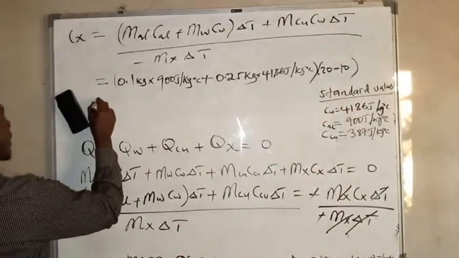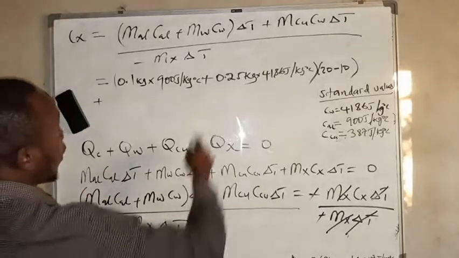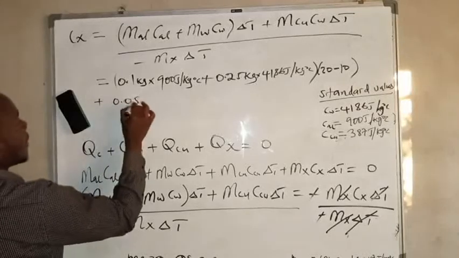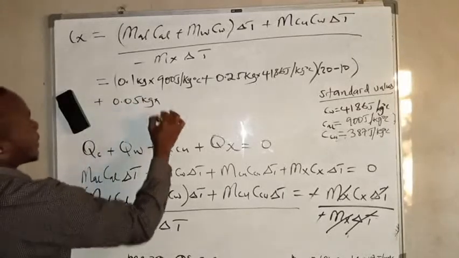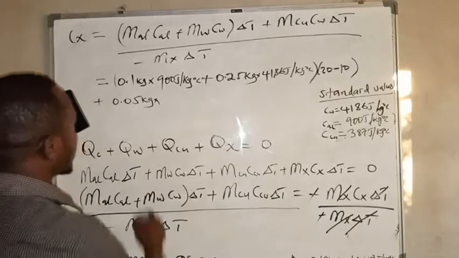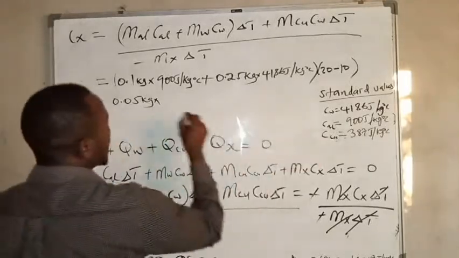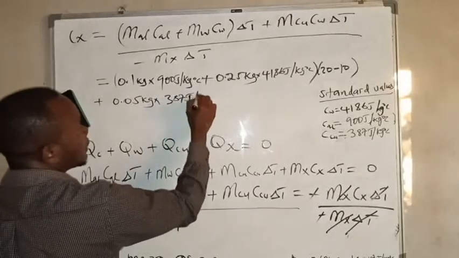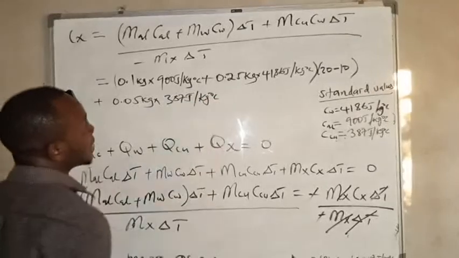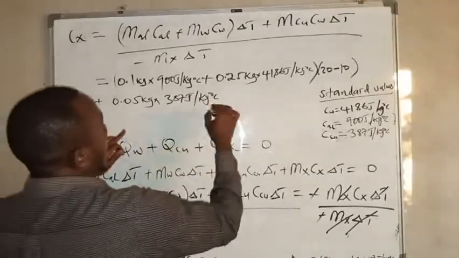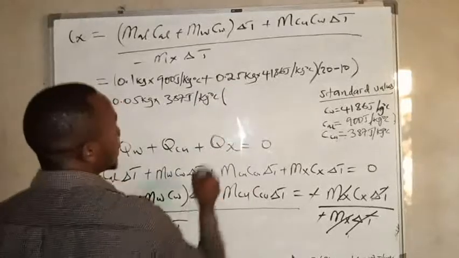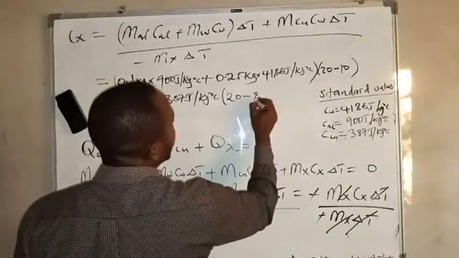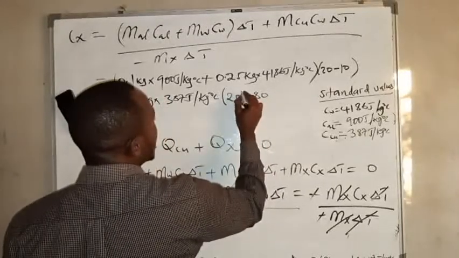So we have plus the mass of copper, which is 50 grams, or 0.05 kg, times the specific heat capacity of copper, which is 387 joules per kg per degree Celsius. Then the change in temperature is 20 minus 80 degrees Celsius.